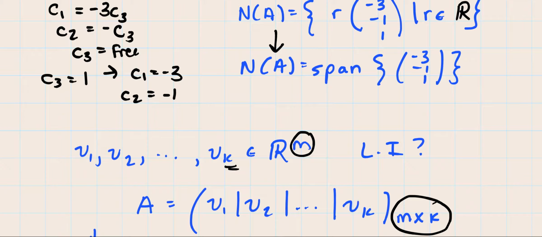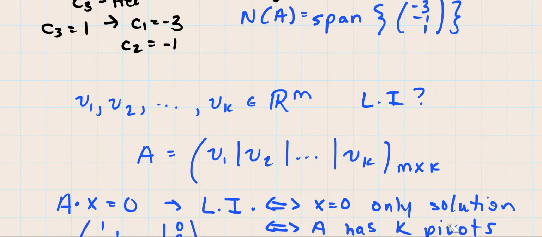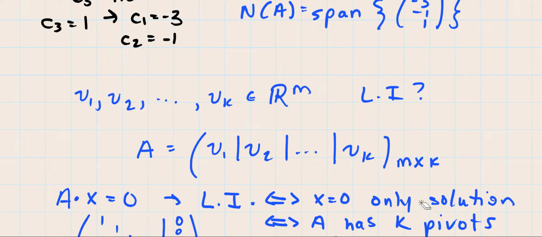If I want to figure out if these vectors are linearly independent, I would need to have one solution to A times x is equal to 0. To have one solution, A has to have k pivots, because remember, x corresponds to c1, c2, all the way to ck, the coefficients in front of these vectors.